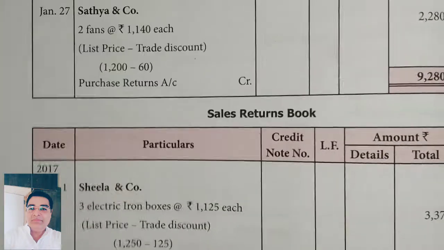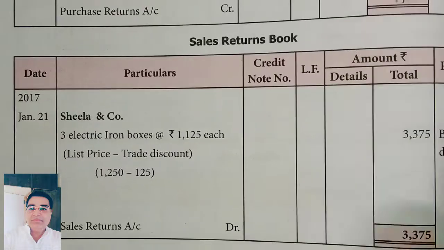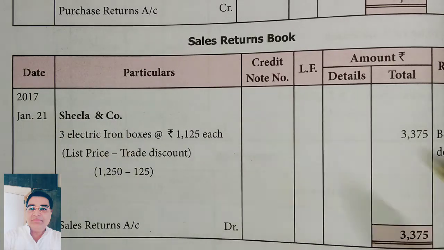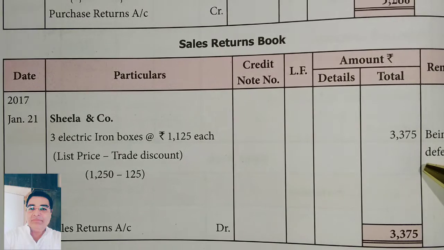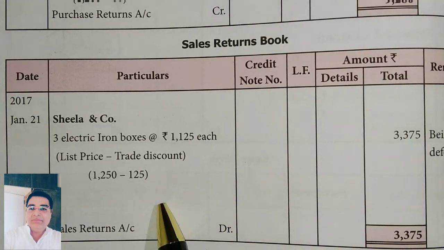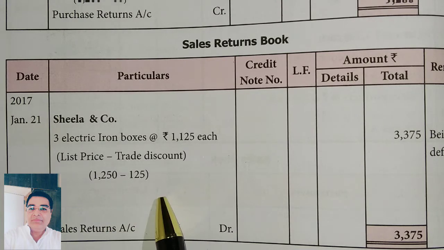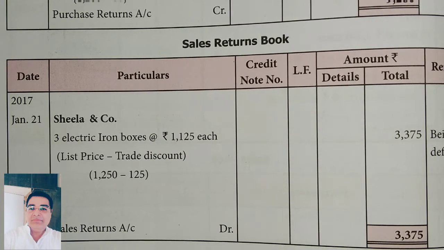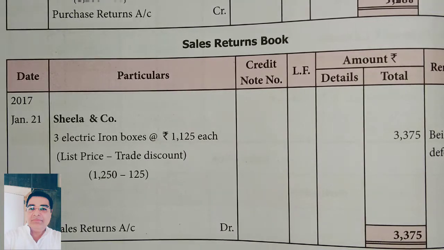Then sales return book. January 21, Sheila and Company 3,375. Why? Because discount is also given, that you have to minus. So you will get 3,375. That is sales return account debit.